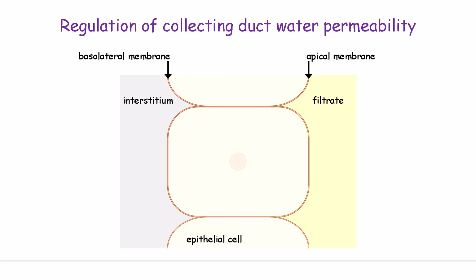In the collecting duct, aquaporins 3 and 4 are constitutively expressed on the basolateral surface of principal epithelial cells. Aquaporin 2 is the regulated water channel found in the apical membrane. Its abundance there is controlled by the hormone vasopressin, also known as antidiuretic hormone or ADH.